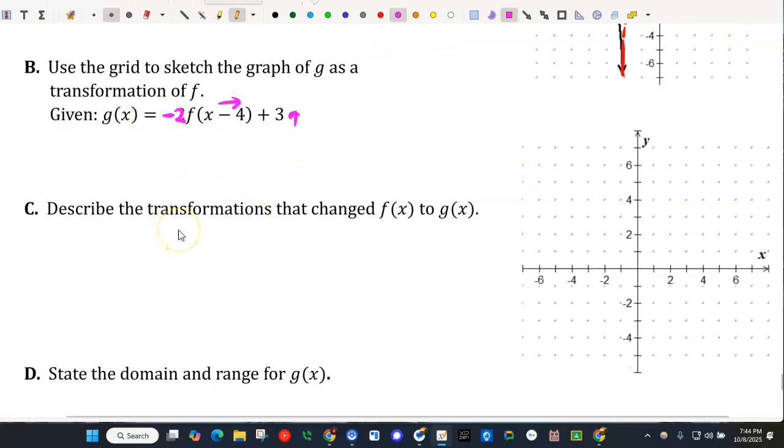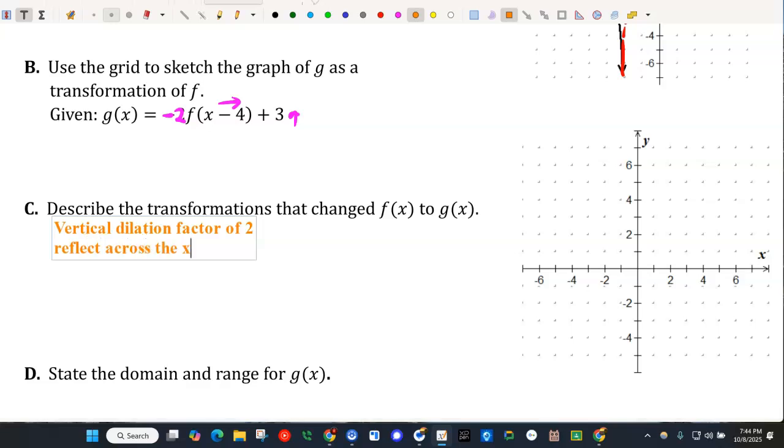Okay. Well, part C actually is exactly that. So let's do that. I'm going to type this out just to save a little time. So we're going to have a vertical dilation of a factor of 2. We're going to reflect across the x-axis.